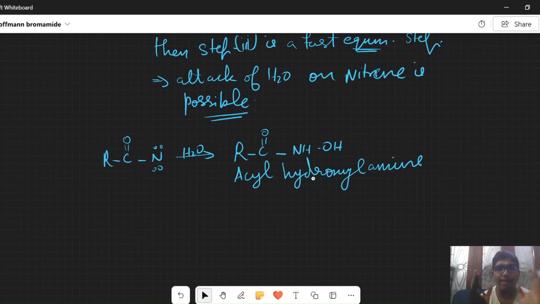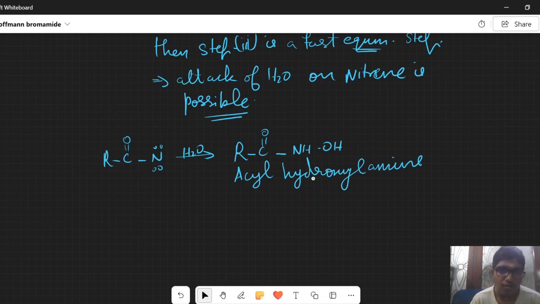But if step 3 is proposed to be the rate determining step, step 4 cannot influence the rate, and this is a huge contradiction. So this was the problem which scientists faced while trying to understand this reaction. Not even a trace of acyl hydroxylamine was formed, but at the same time, the electron density in the alkyl chain, which was being transferred to the nitrogen in step 4 of the mechanism, greatly influenced the rate of the reaction.